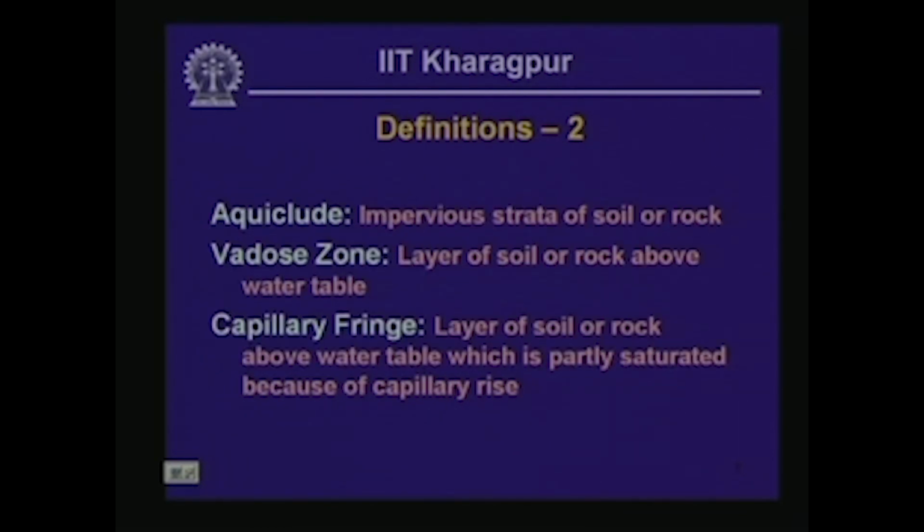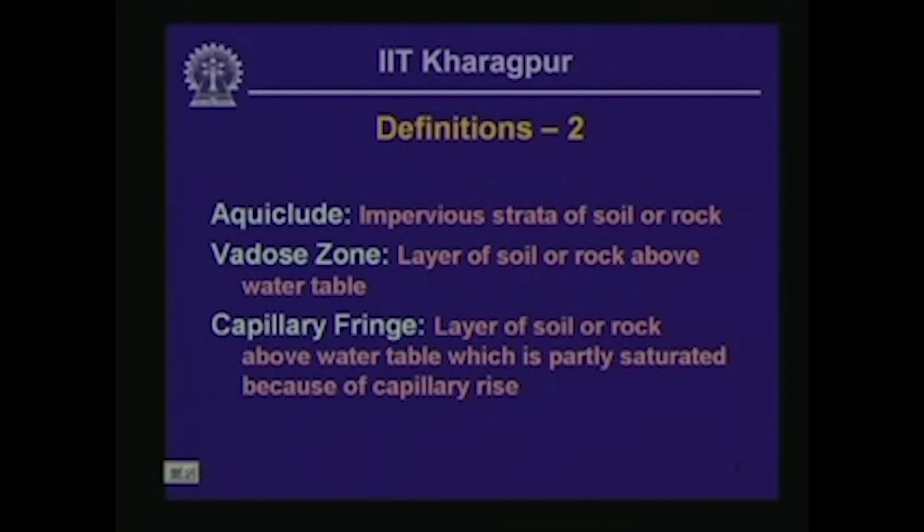More definitions. Definition of aquiclude. Aquiclude is essentially an impervious stratum of soil or rock through which no groundwater flow can take place to any practical extent. Another definition, vadose zone.